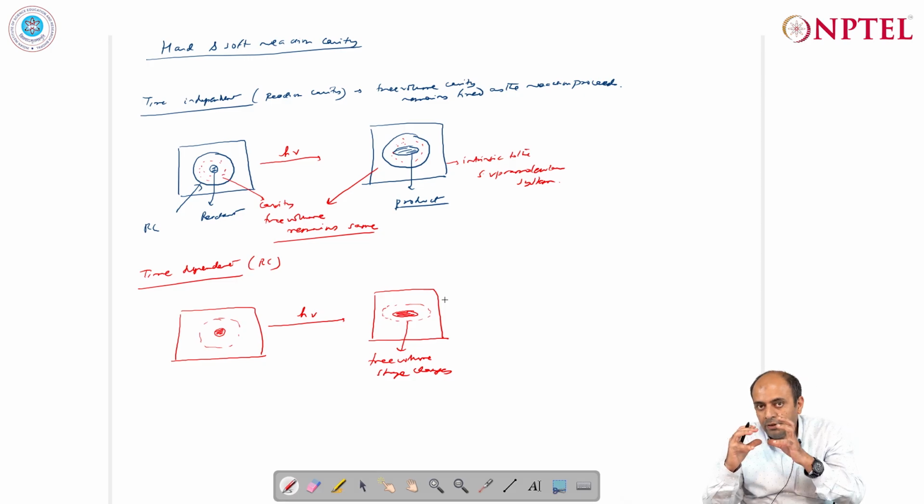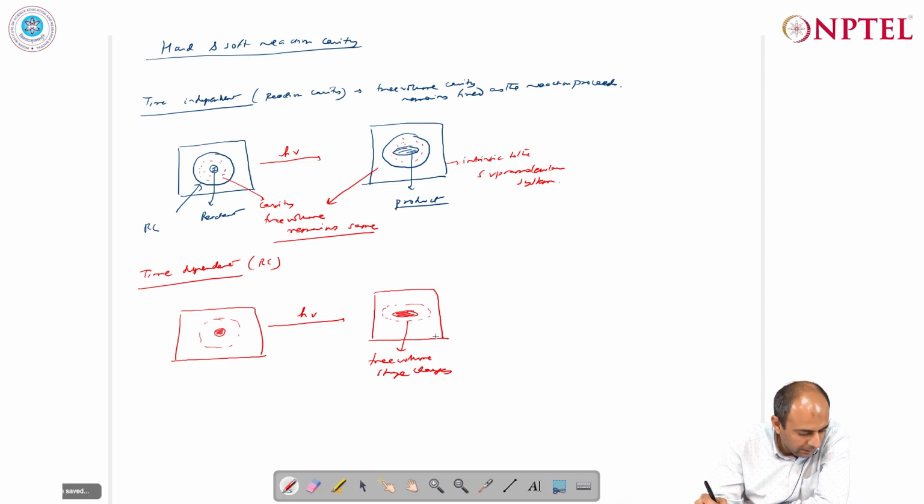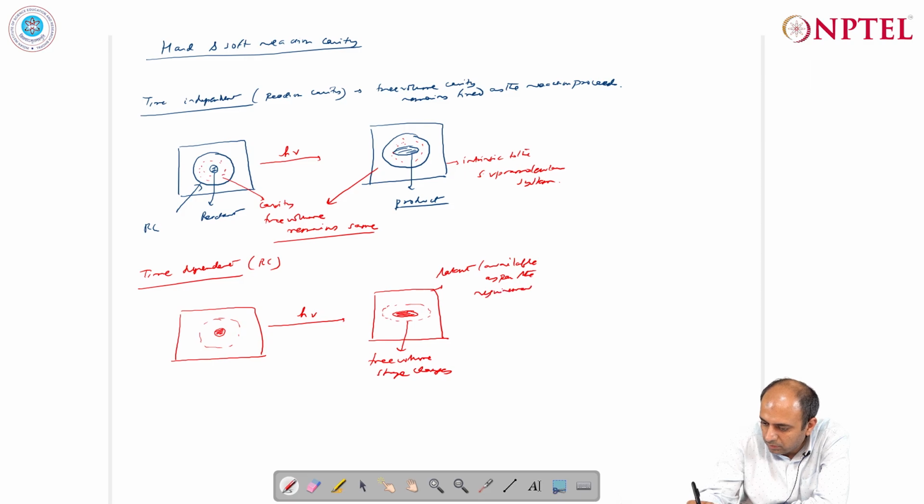So the reaction cavity is now quite flexible. It is soft. It is able to accommodate the changes which happen during the product formation. So that is what makes it flexible, and that is why we call it latent. That is, it is available as per the requirement of the reaction.